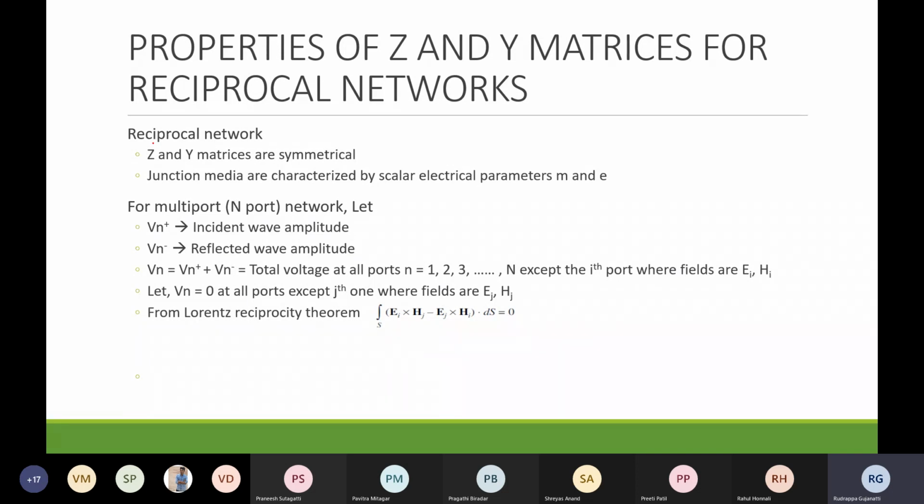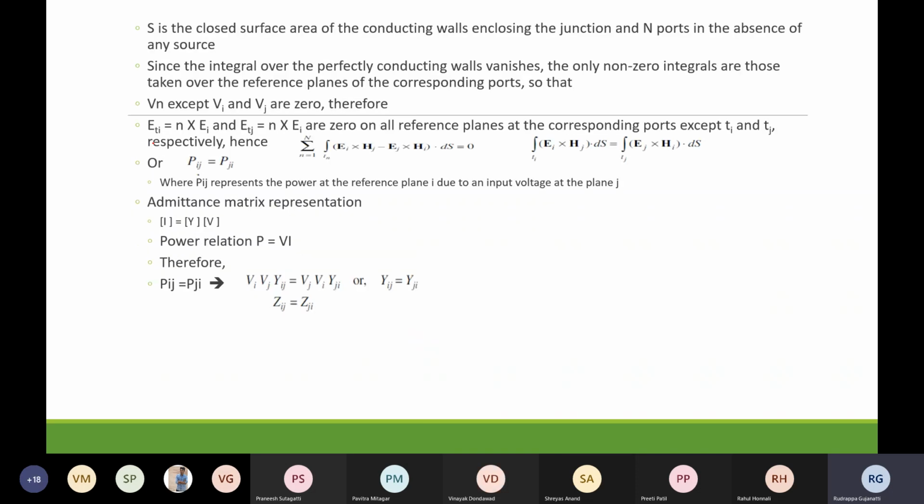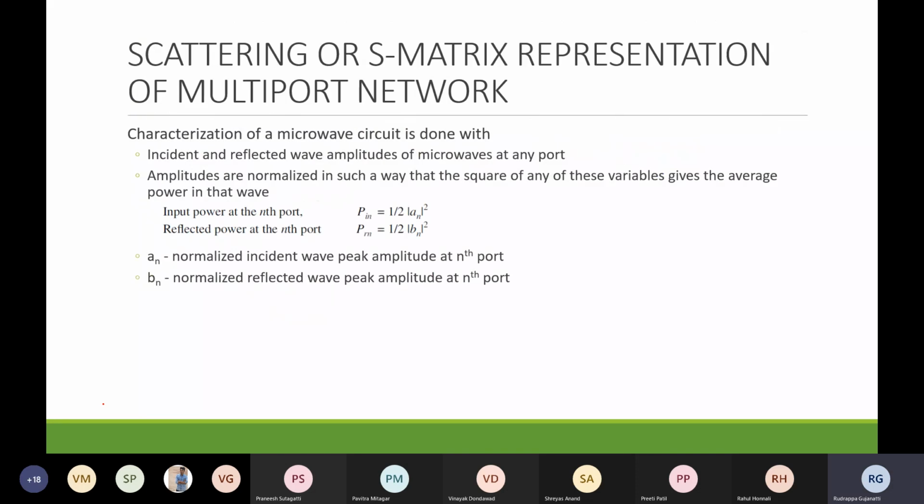For a reciprocal network, the Z and Y matrices are symmetrical, and the parameters are characterized by the electrical parameters, mu and epsilon. We obtained this with the help of the Lorentz reciprocity theorem. This is what we had discussed in the previous session.